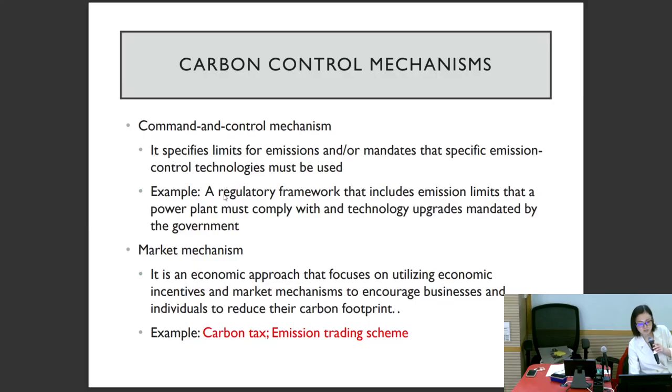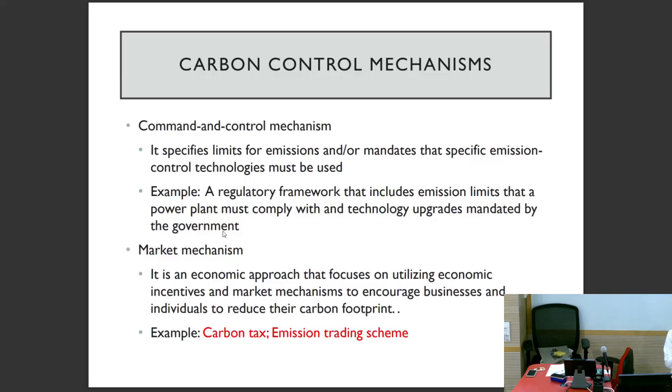Another example is a regulatory framework that includes emission limits that a power plant must comply with, and technology upgrades mandated by the government. Maybe from now on, all kinds of power plants must apply some kind of technology, maybe must utilize solar PV panels for generating power, and no one can burn fossil fuel anymore.